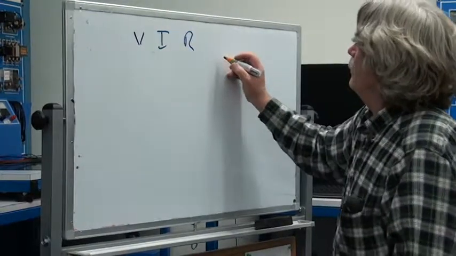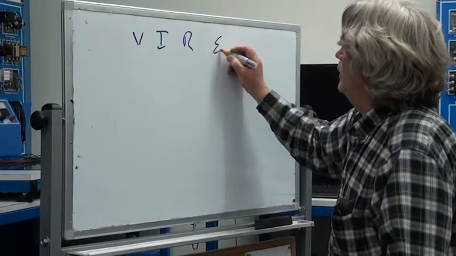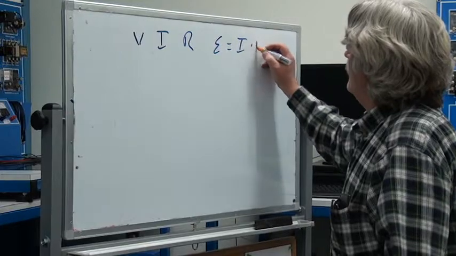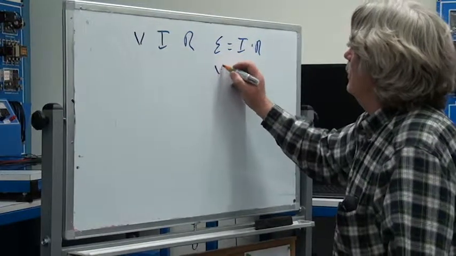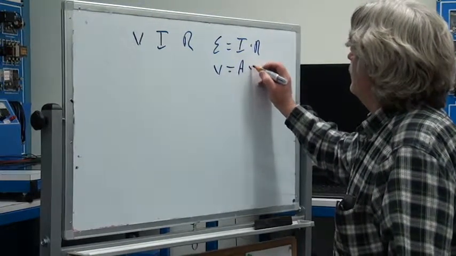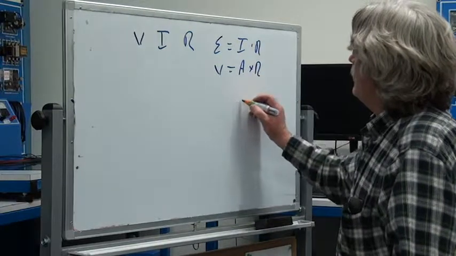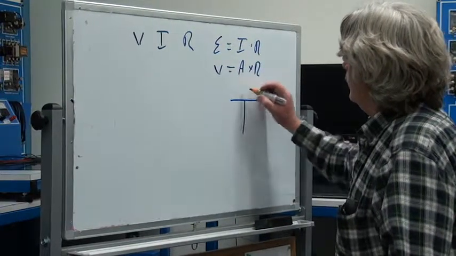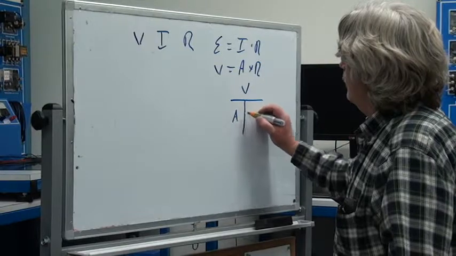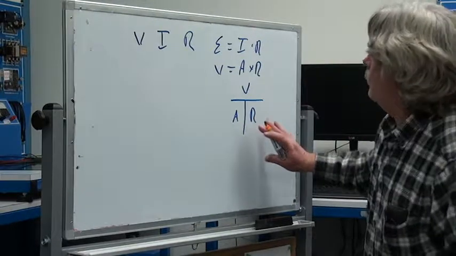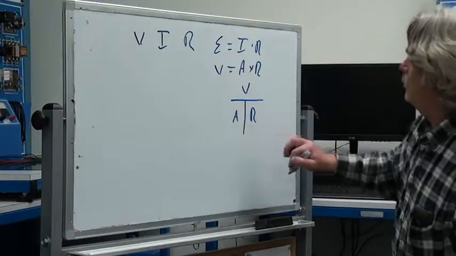And you know them as Ohm's law that says E equals I times R, or if we use these, it's volts equals amps times resistance. Some people put them together as a thing like this, and you cover up the one you want to know. This tells you the algebra.